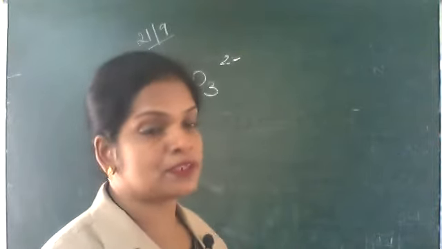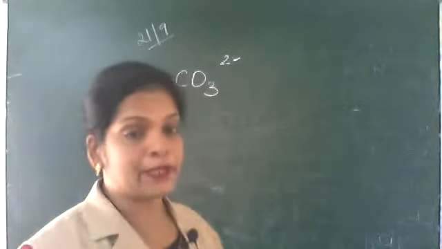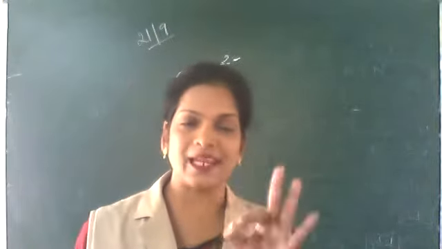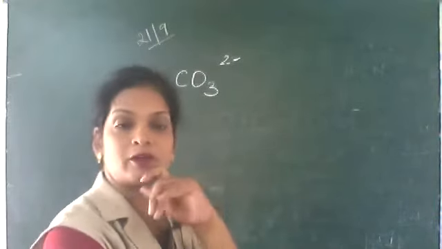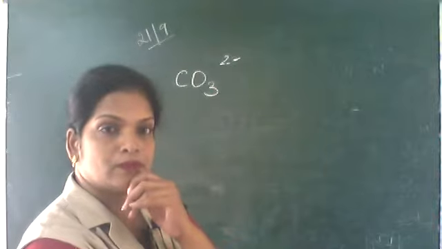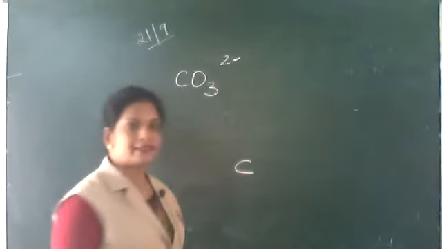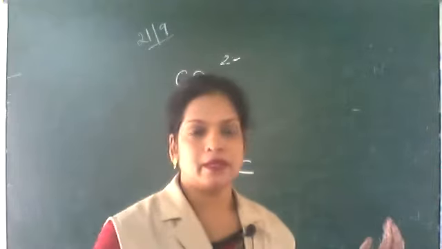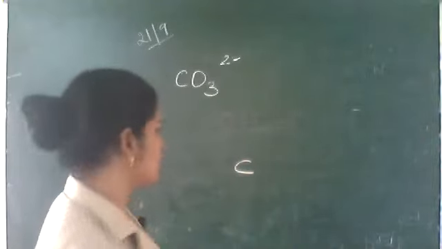So which is the least electronegative element in this, carbon or oxygen? Carbon. So that should be kept at the center and the other three oxygens should be kept in such a way that there is minimum repulsion, meaning they are standing far apart from each other.